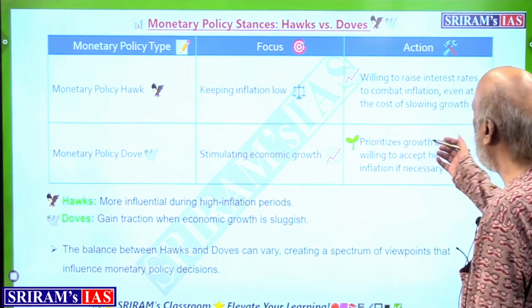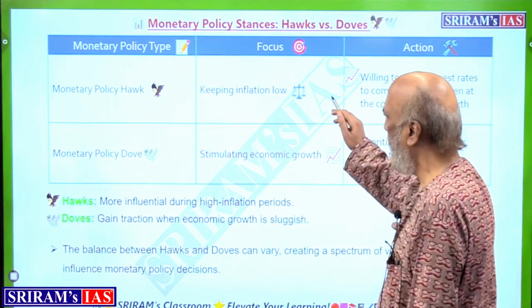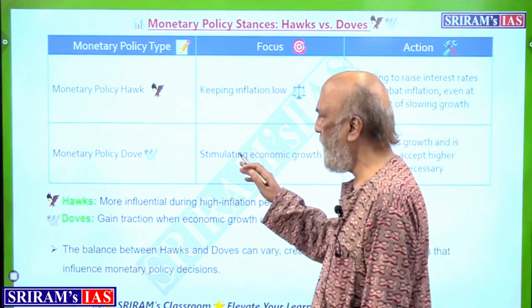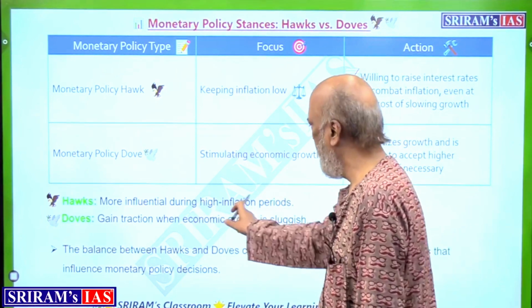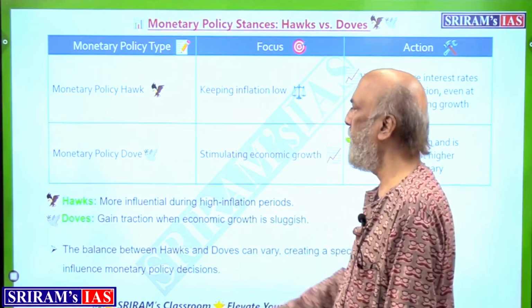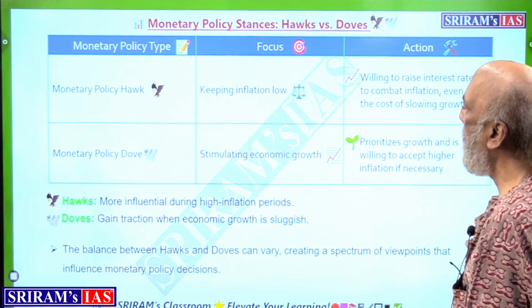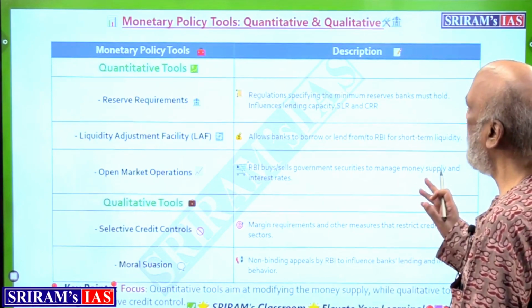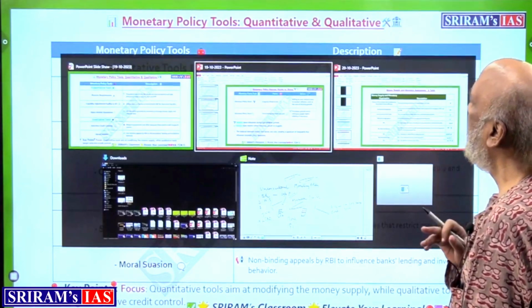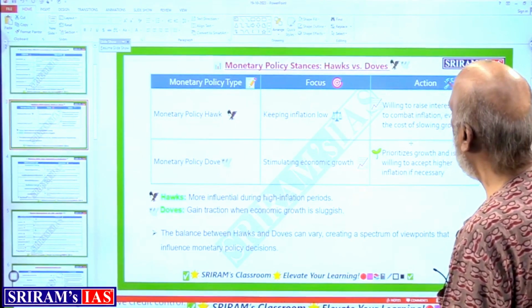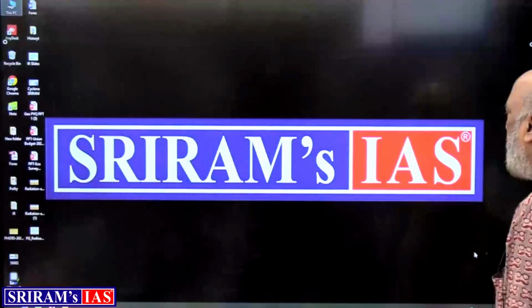I told you, Hawk is the contractionary guy. Dove is the expansionary guy. And you will get that in the next graphic. The latest that you got, Dharmendra ji. Monetary policy stances. The last one that you got.